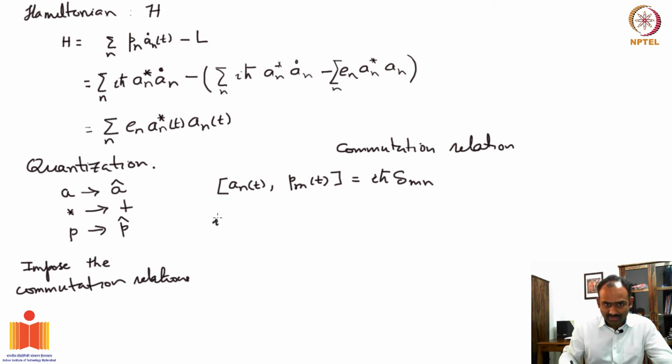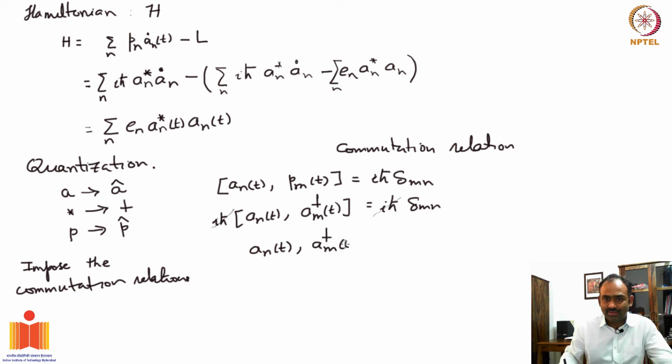So you have iℏ times the commutator of an of t and am dagger of t is iℏ delta mn, and the factors of iℏ cancel on both sides. So I can cancel them, and you get the commutator between an and am dagger to be delta mn.